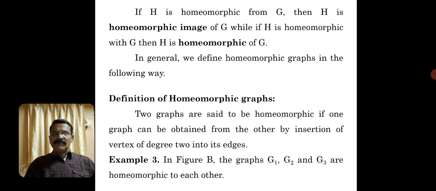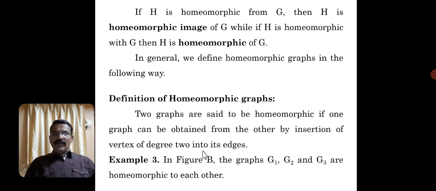What did we do in the subdivision of a graph? We inserted one vertex in the edge, which means we inserted one vertex of degree 2. So the graphs G1 and G2 are homeomorphic if one graph can be obtained from the other by insertion of vertices of degree 2 in its edges. It implies it is a subdivision of the original graph G.